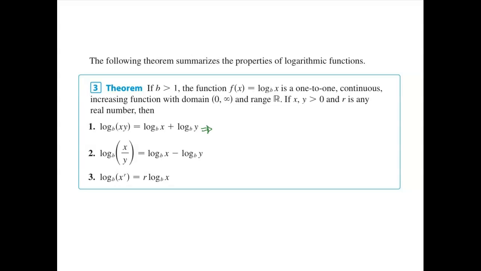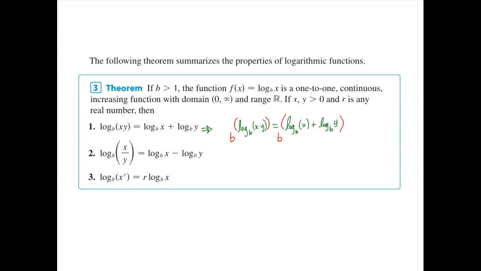And I can prove this one pretty quickly for you. If you take log base b of x times y, so if I exponentiate both sides by b, which means the left-hand side becomes the exponent on b, and the right-hand side becomes the exponent on b.